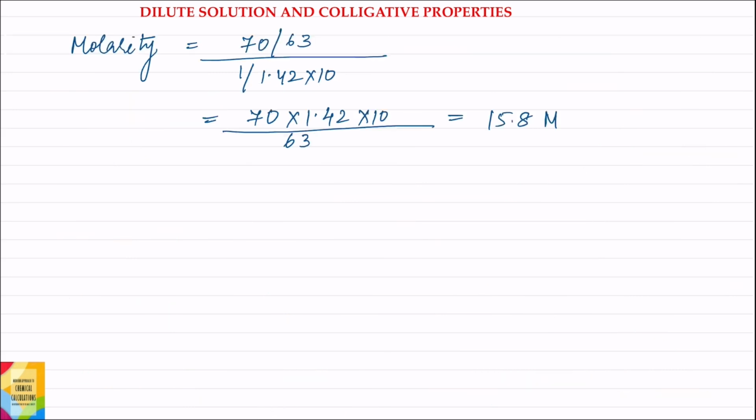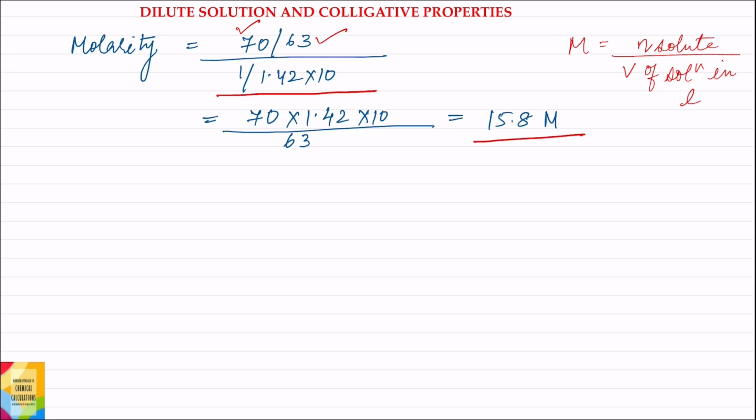What is the formula for molarity? Molarity is moles of solute divided by volume of solution in liters. So volume of solution in liters, we know it is 1 divided by 1.42 into 10. Moles of HNO3 will be equal to weight divided by molecular weight. So putting the values and solving, molarity of HNO3 is equal to 15.8 M.